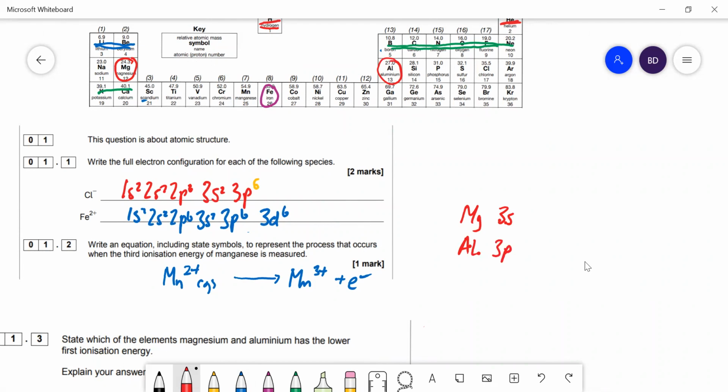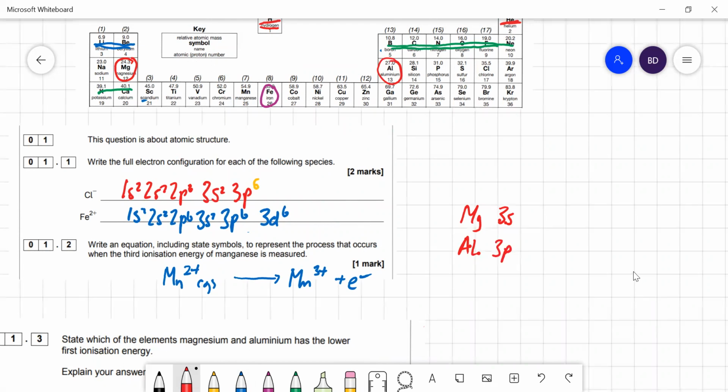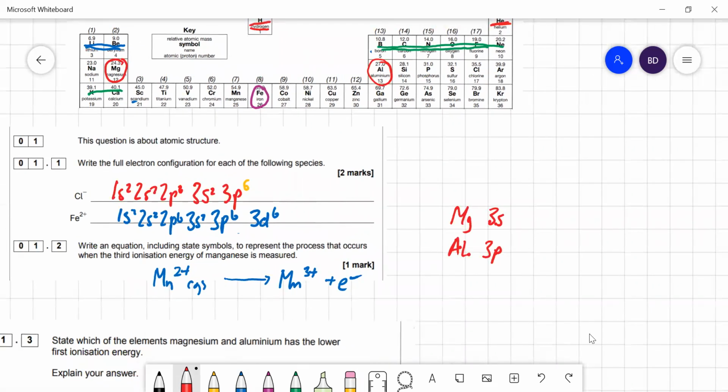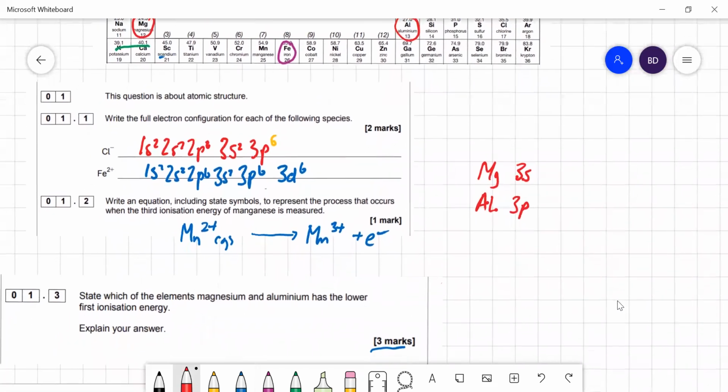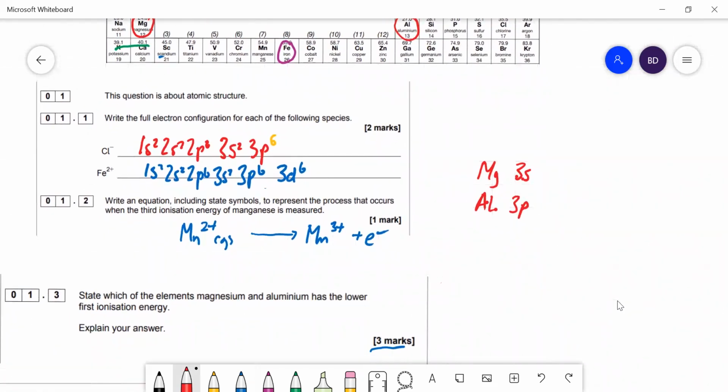So in the first ionization energy, you're going to lose it in the aluminium from the 3p shell, and so that's going to be lower. This one is going to be lower because the electron's coming from 3p, because 3p is slightly further from the nucleus. So you're going to be slightly higher in energy. So that's why the first ionization energy is a bit lower. Okay, so that will give you your 3 marks there.